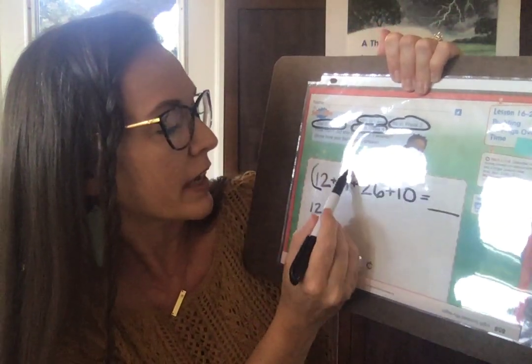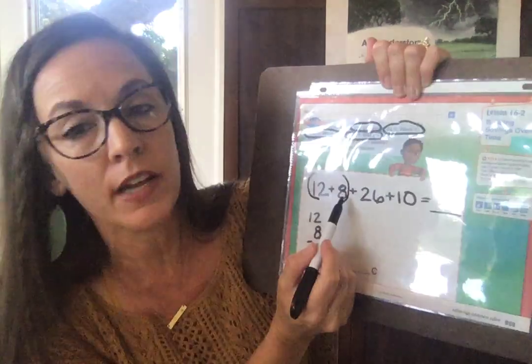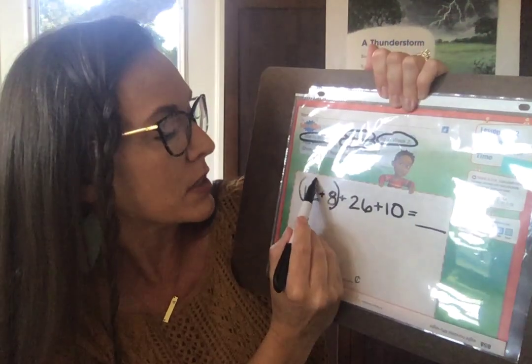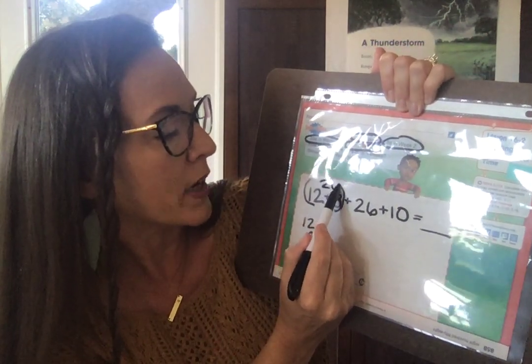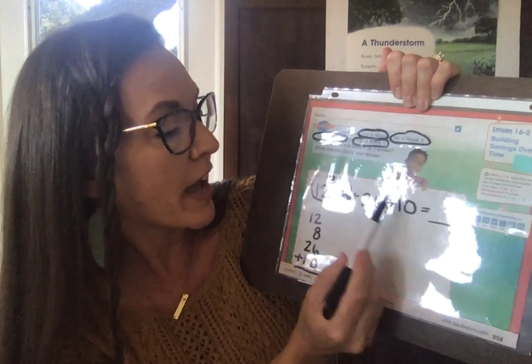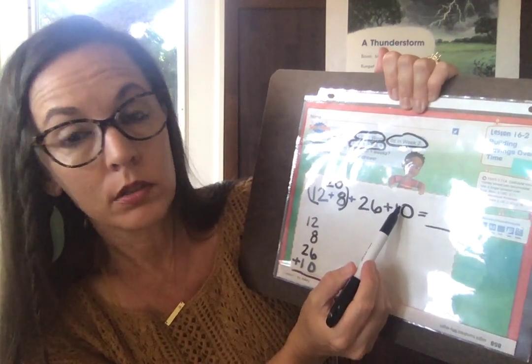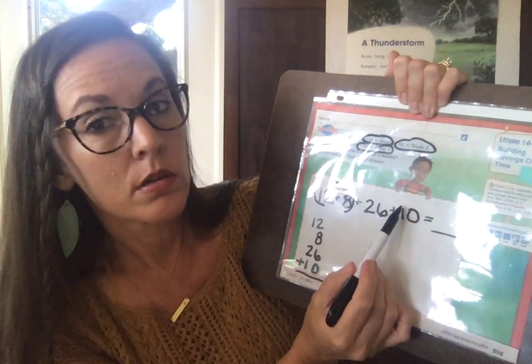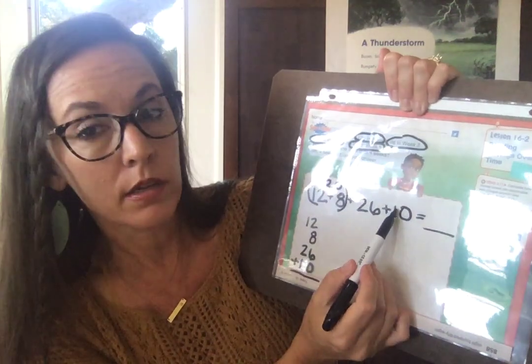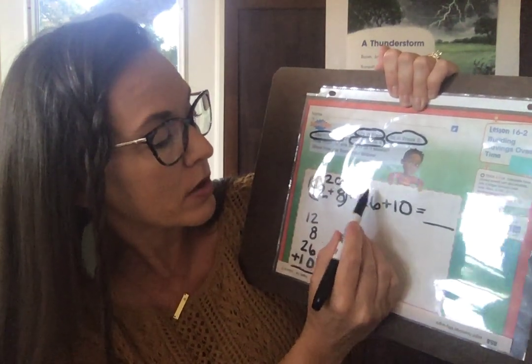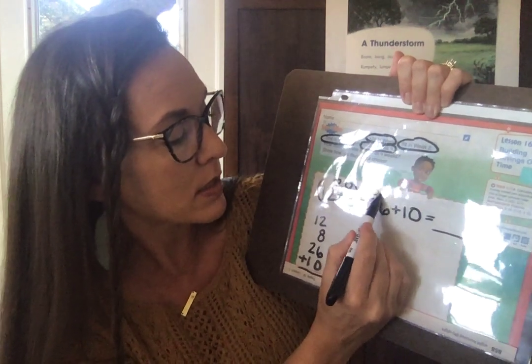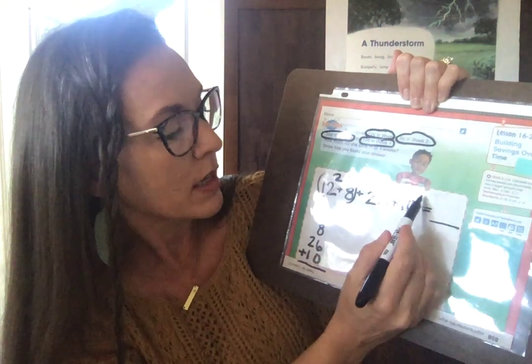So if I were doing it like that, you know what I know about 12 and 8? I know that together that makes a group of 20. And if I added 10 more to 20, you got it. That would be 30. So now I can add 30 to 26, because this is 20 and this is 10.